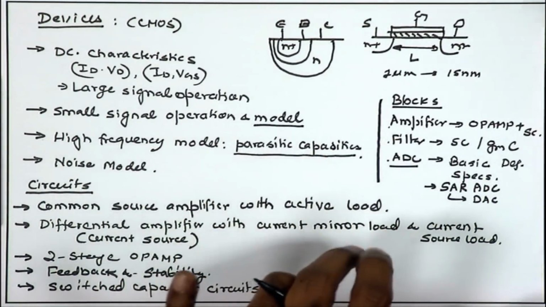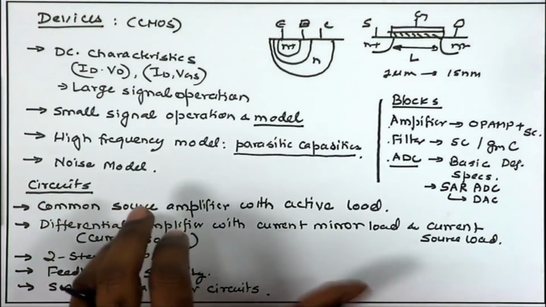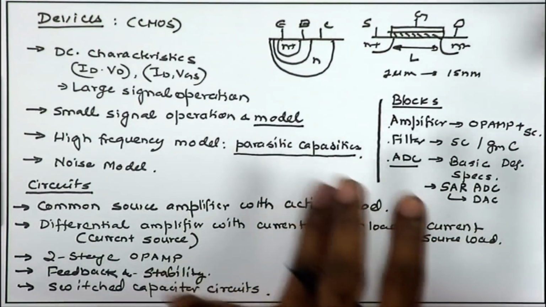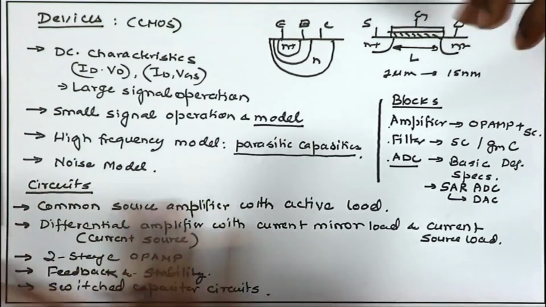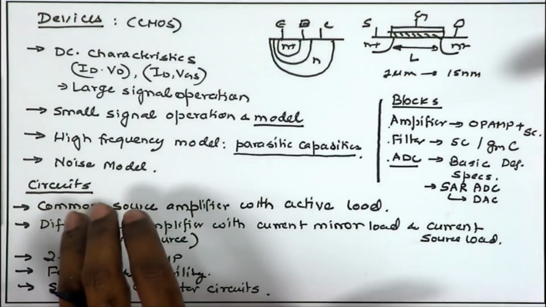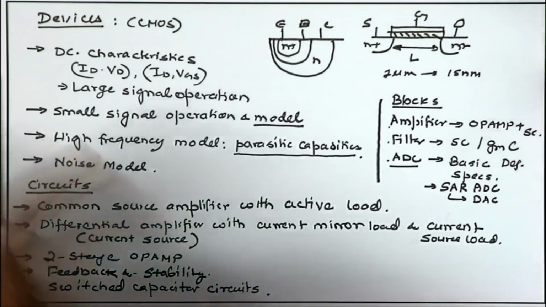There is always some help of the digital part in calibrating or assisting the analog part. Likewise, in many cases the analog part may come to the rescue of the digital part. So, we will take certain examples where that kind of interface between analog and digital is being used. The digital part is assisting analog in a certain fashion, so that its performance, characteristics and specs can be improved.